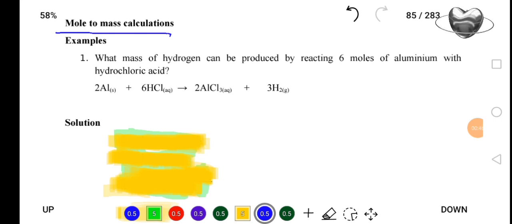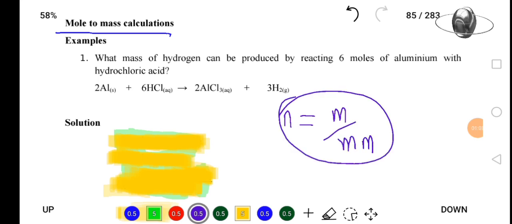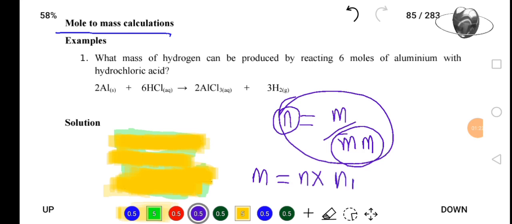Remember again, my dear learners, I talked about the importance of this formula: number of moles equals mass given over molar mass. This is still very important because now we'll be relating the number of moles to mass, meaning we'll be using the number of moles and the molar mass so that we can find the mass by multiplying the number of moles times the molar mass.